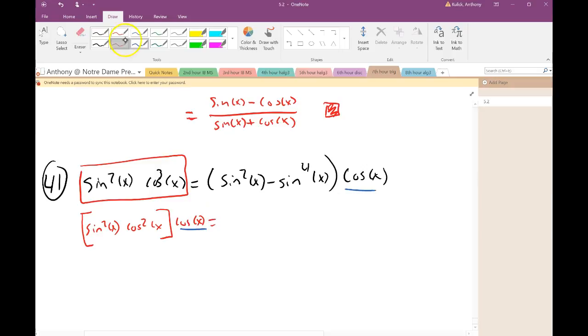So whatever else I change, that cosine part I'm going to leave alone. If I look at this side, everything in here is in terms of sines. So I'm going to start by writing that cosine squared in terms of sines. How can I do that? 1 minus sine squared.